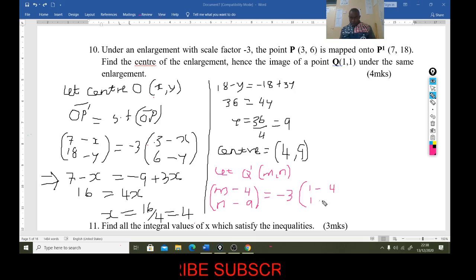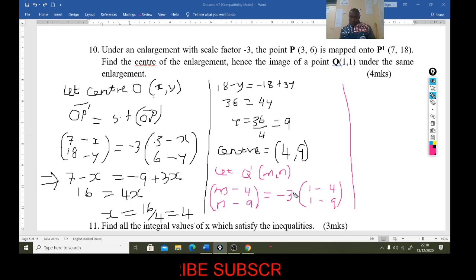So m minus 4 equals, remember, this is negative 3. 1 minus 4 is negative 3.